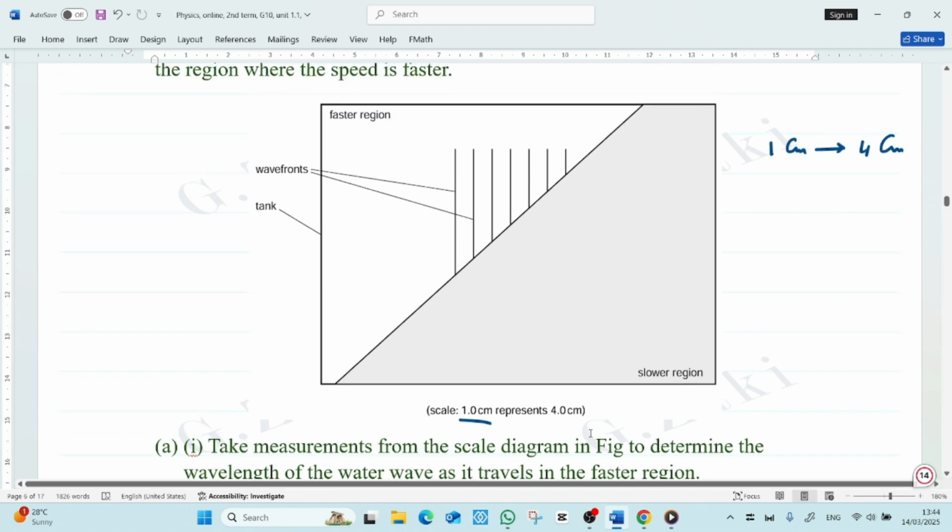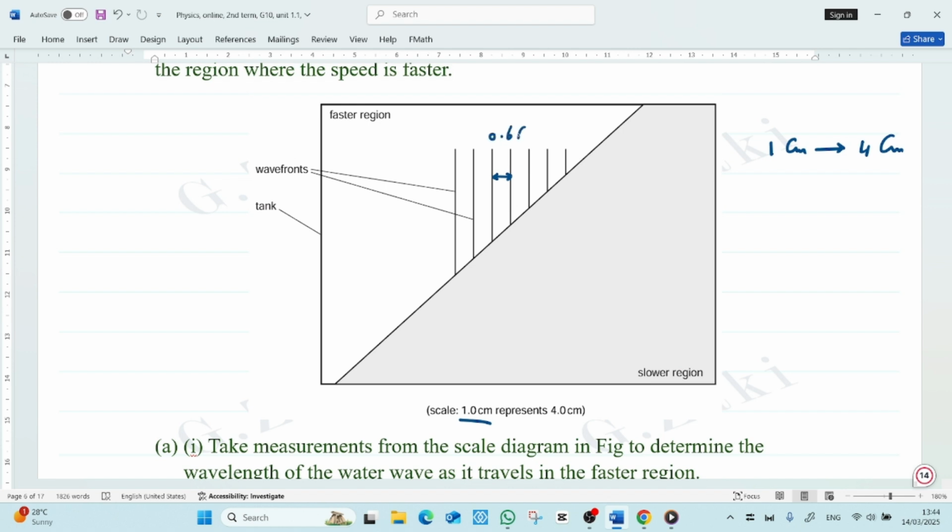Now we use a ruler to get the distance between two successive wave fronts. By using my ruler, it's about 0.6 centimeter. This is the distance in the scale diagram.